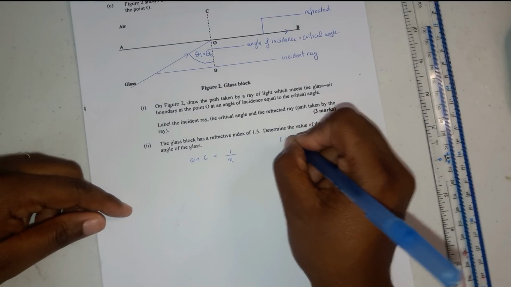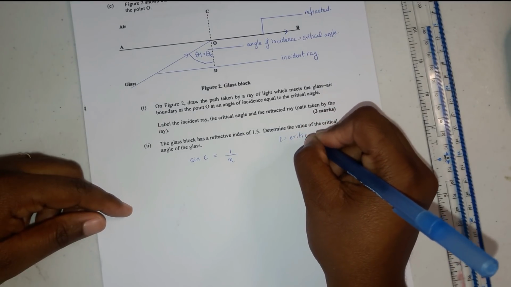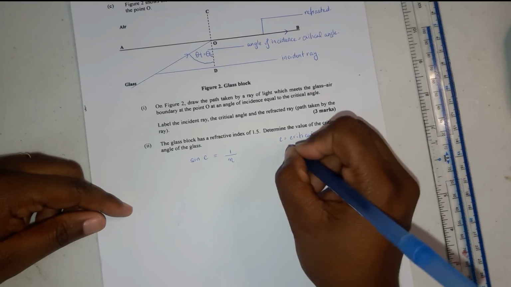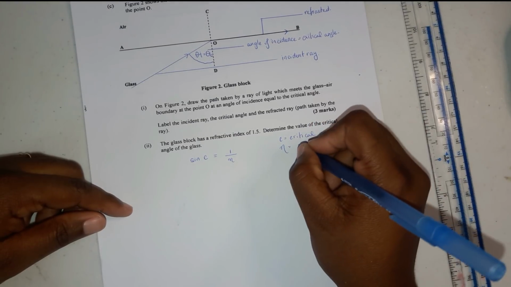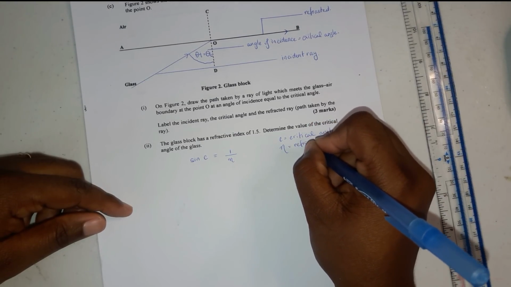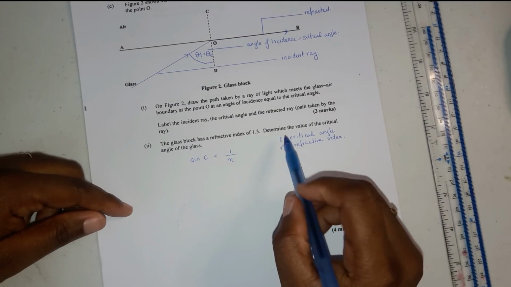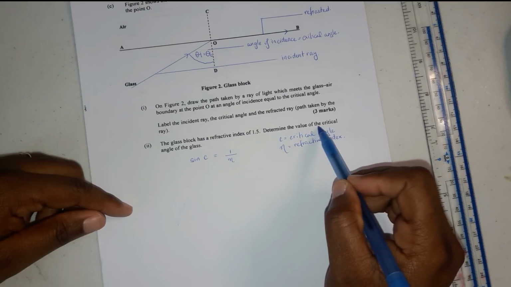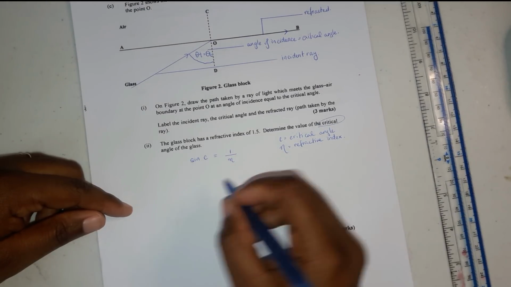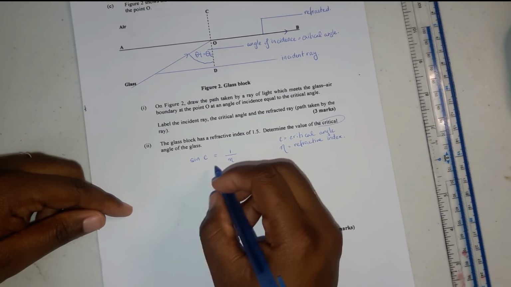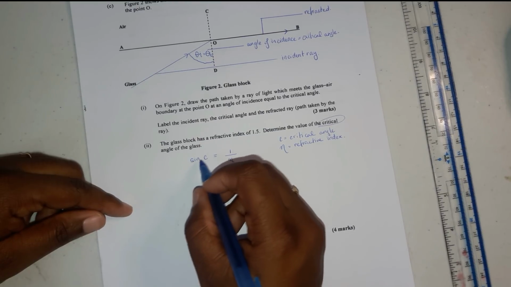So C represents critical angle, and n represents the refractive index. And we're solving for the critical angle. So to do that, we have to now do the inverse.